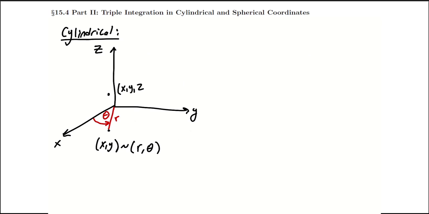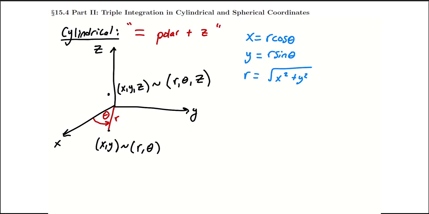So loosely speaking, cylindrical equals polar plus z. x squared plus y squared equals r squared.